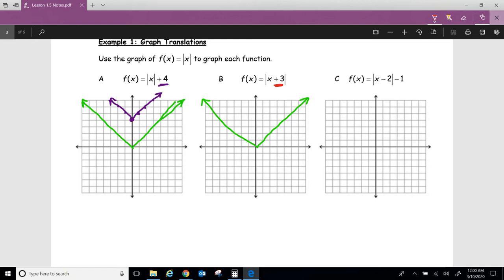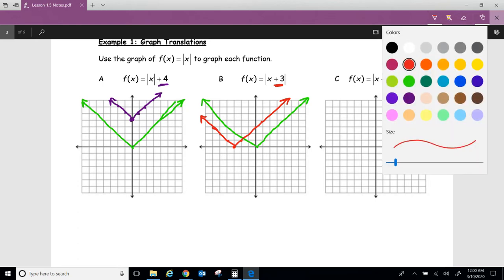So instead of going to the right 3, we're going to go to the left 3. So I'm going to go 1, 2, 3 to the left, and that's where I'm going to start my function. We're going to go up 1 over 1, and once we get a couple of good points in there, we'll connect the dots, and there we go.